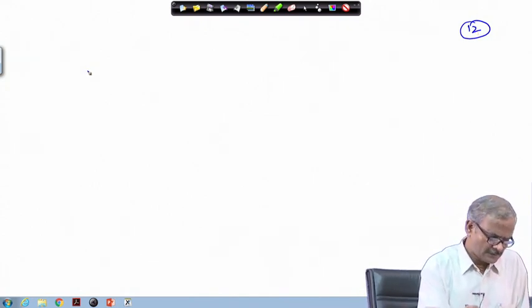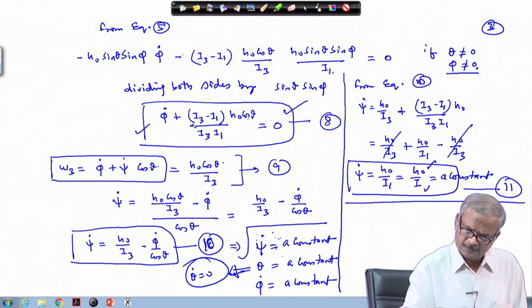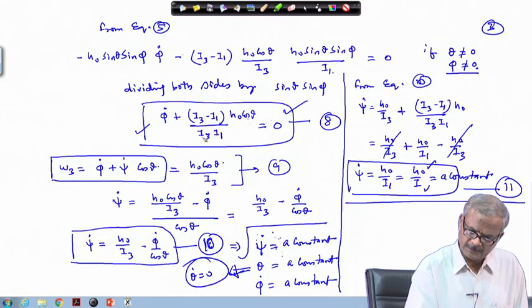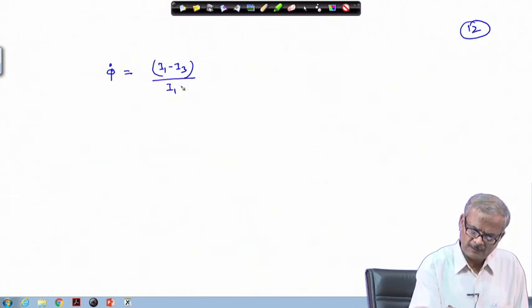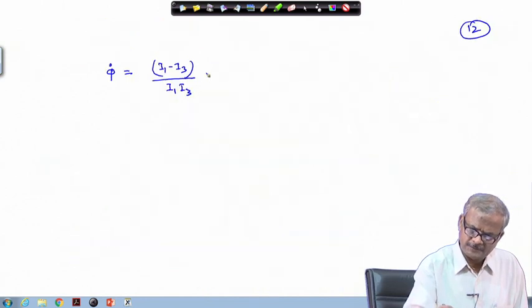Now, phi dot and psi dot can be simplified. So, phi dot we have written as, from this place we can pick up, phi dot equal to, on the right hand side we can write as (I1 minus I3) divided by I1 I3, and then H0 cos theta.